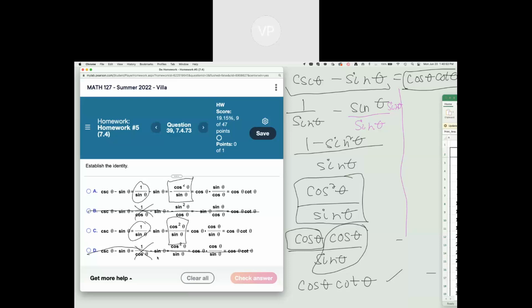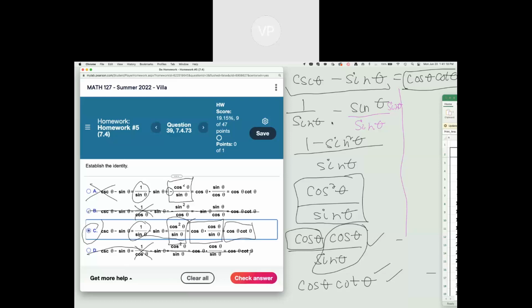I have a cosine square over sine. Here they have it, but here they have a negative, which leads me to think this is not right. So let's just keep going though. Then we have a cosine times cosine over sine. Got that right here. And then we have a cosine cotangent. Got that here. So you see how these all match mine? There's my answer. And it's usually a process of elimination.